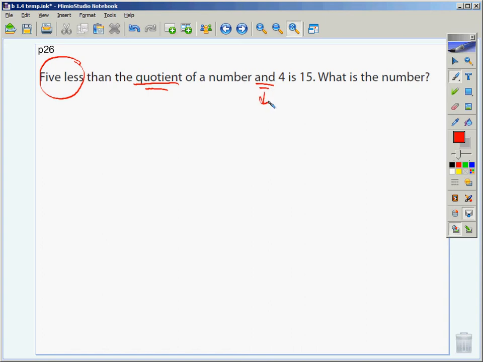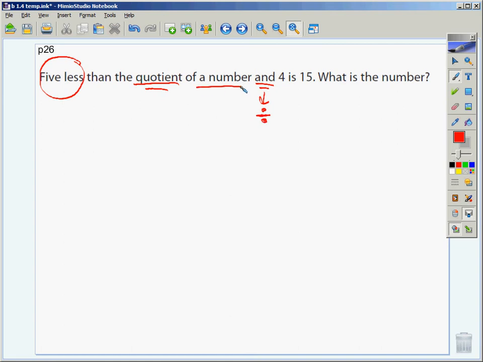The division is going to take place right where you see that word and. Quotient, sum, product, difference. All are paired with the word and, and their operation will happen where the and is in the sentence.